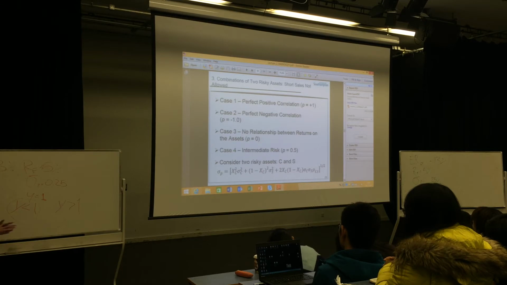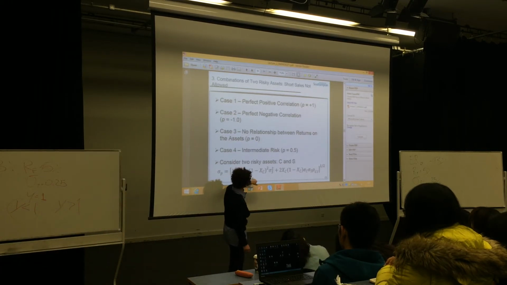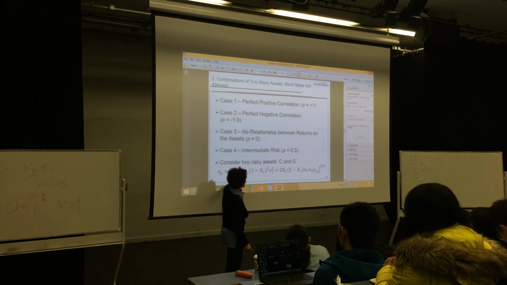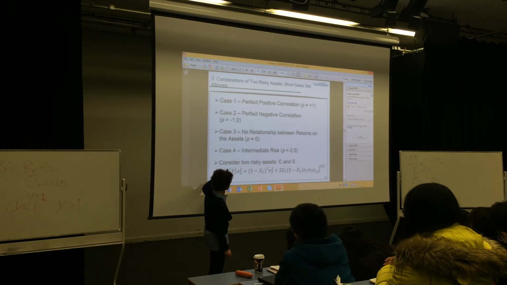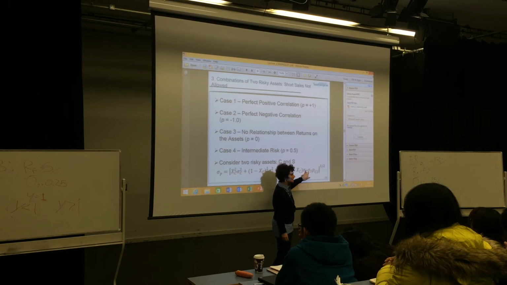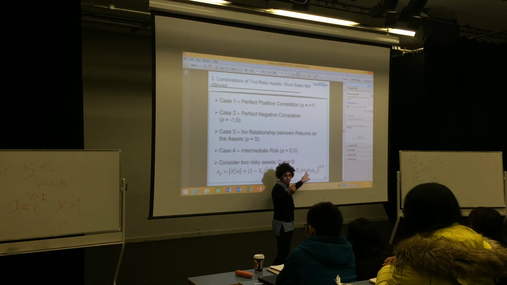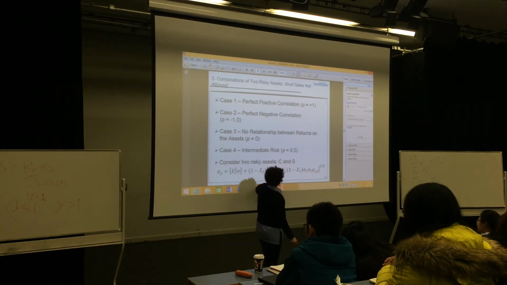So, of course, if I take my simple portfolio where I have quantity epsilon invested, I have two stocks, C and S. So I can write the standard deviation of my portfolio: the variance, plus 2 multiplied by the covariance, with the correlation coefficient.